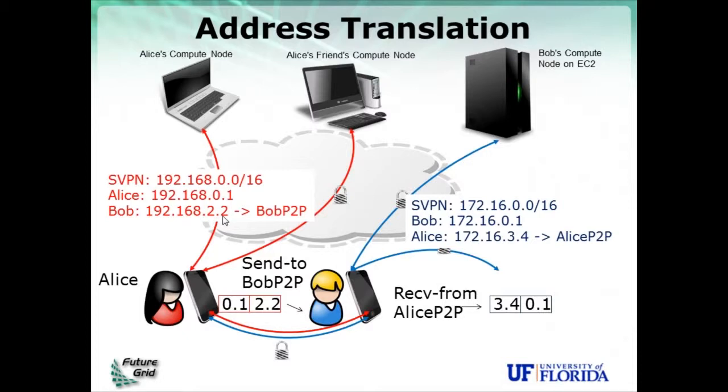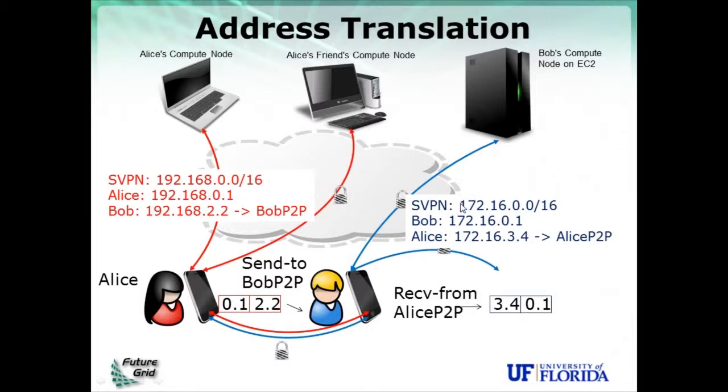So when Alice sends a packet to Bob, there's a process of translating addresses here. So the packet goes with source 192.168.0.1, destination 192.168.2.2. But it's translated in the path by the SocialVPN router to the addresses that on the other side here are the source address as seen by Bob for Alice and the destination address, which is the local address of Bob.